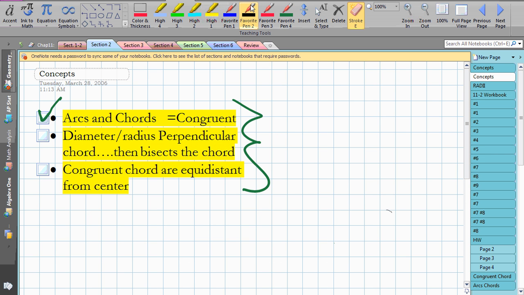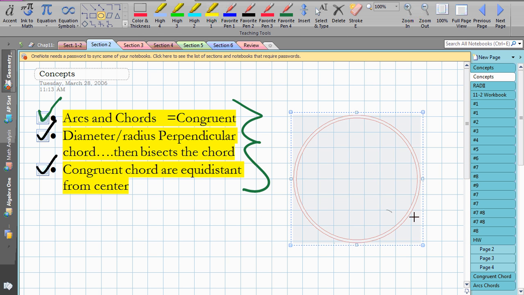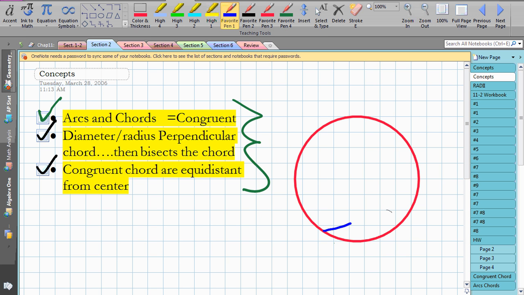And then the last thing, which was the first thing we covered, was congruent chords are equidistant from the center. So congruent chords are equidistant from the center. If I have a congruent chord over here and a congruent chord over here, then we know what? Then the distance to the center is going to be the same.